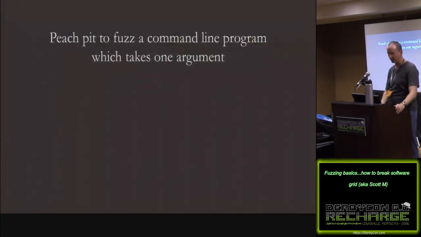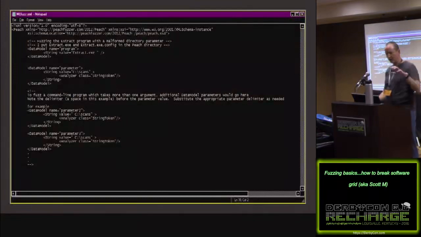So, a pit to fuzz a command line that takes one program. Relatively similar. In this case, the data model is the name of the program I want to fuzz, extract.exe, which was built by one of our programmers. The way this program worked was it took parameters separated by spaces, so that's the reason for the space right after the extract.exe.